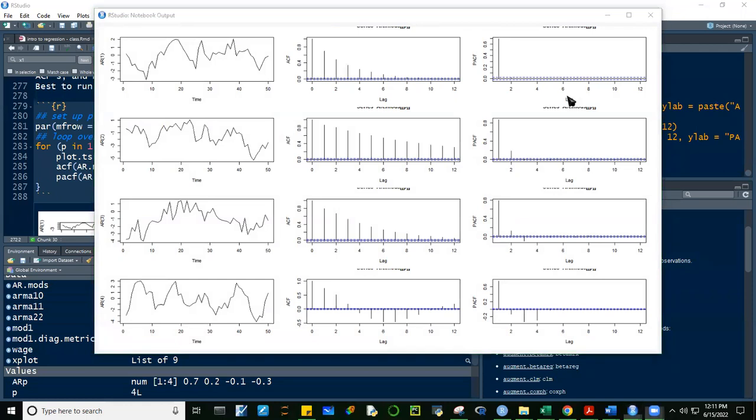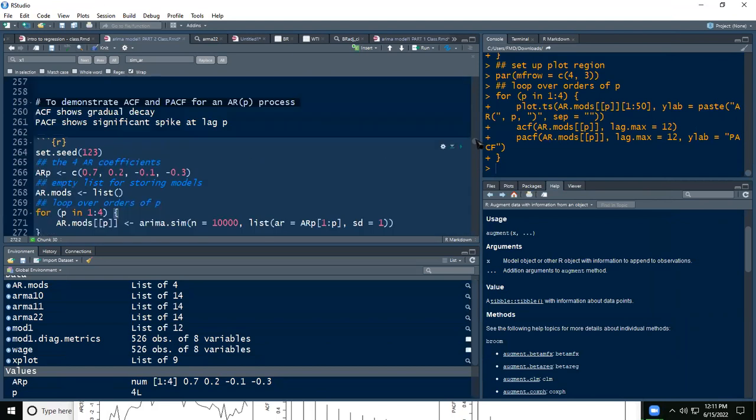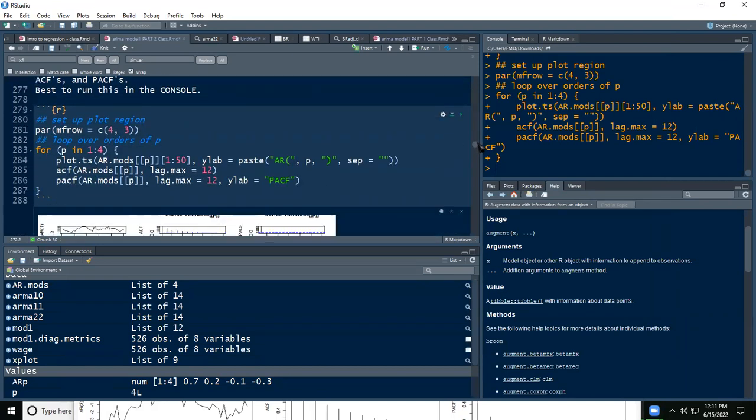All right. Par, MF row, 4 rows and 3 columns. Okay. Ito yung unang, kasi di ba sabi natin mag-simulate ng ARIMA, no?